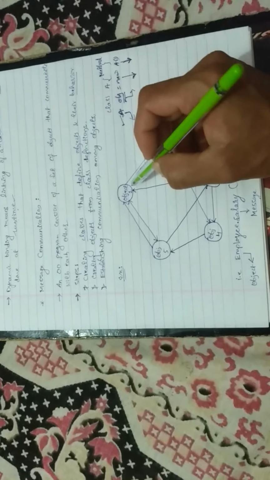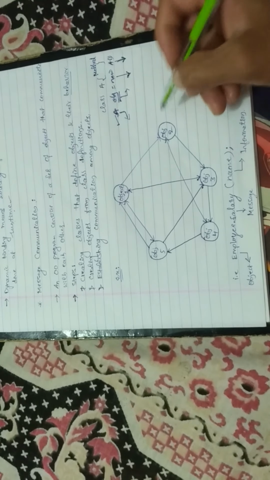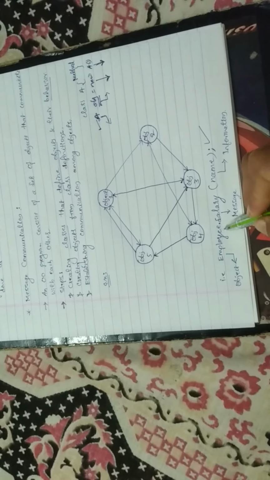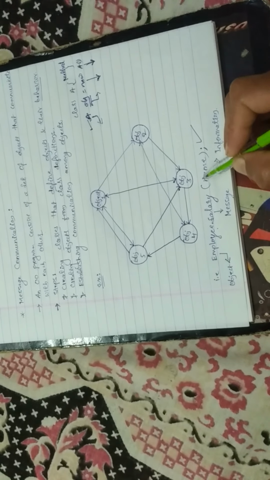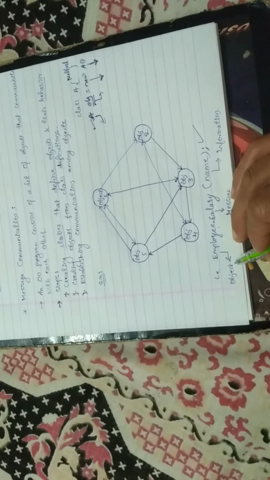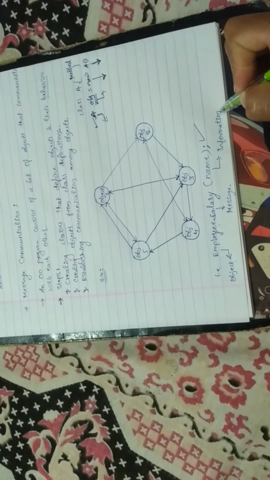Whenever object 1 wants to communicate with object 2, it must follow this procedure: employee.salary(name), with name as an argument. Here employee is an object, salary is a message, and name is the information.